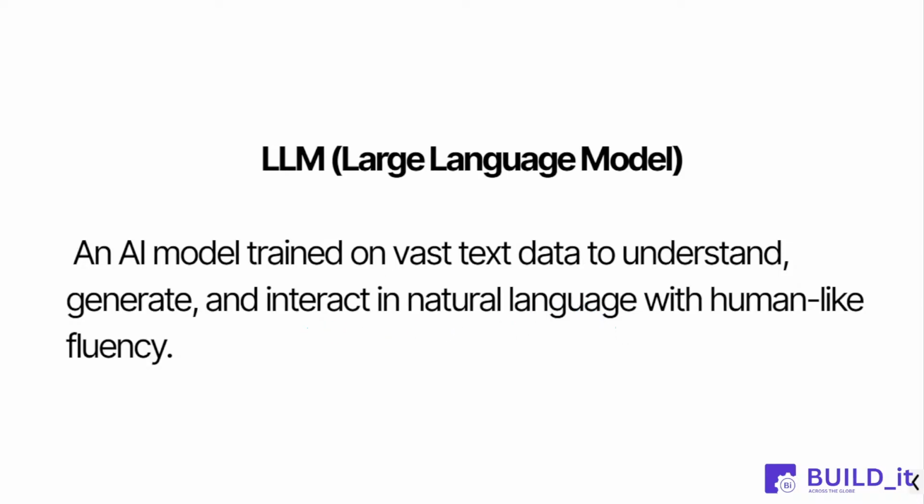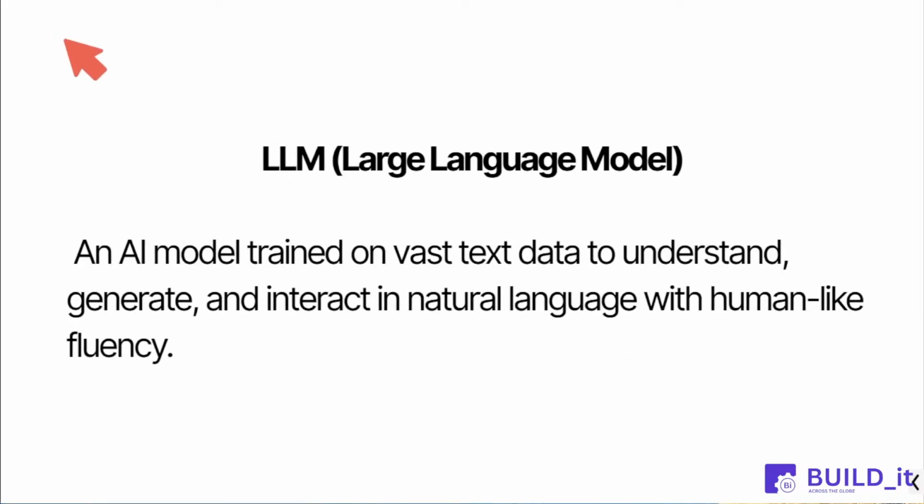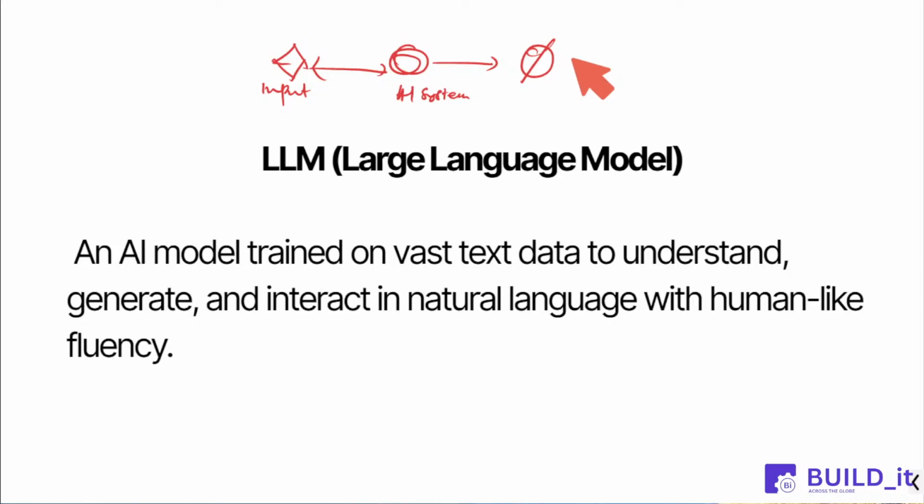So take a close look at this. Let's say I have an AI system, right? This is my AI system. Now, this AI system accepts an input and then it generates an output, right? Now, before this AI system is able to generate this output, it has vast data trained on it.